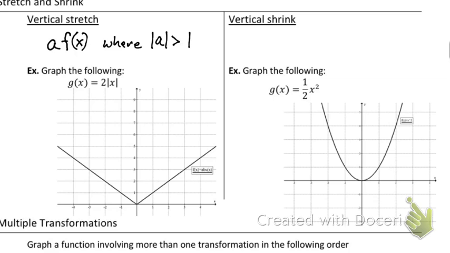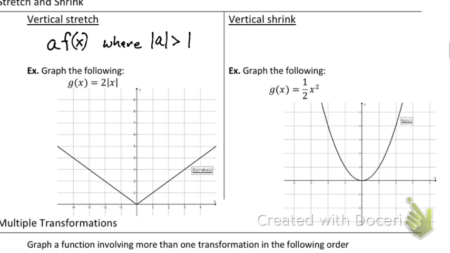All right. So my example here is if I have 2 times the absolute value of x. So down here I have the parent function, absolute value of x. We're going to do a vertical stretch. So what happens is all of your points get stretched by a factor of 2. So in fact, you're multiplying all of your points by 2.